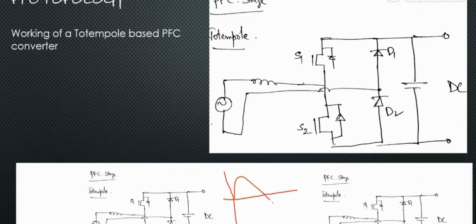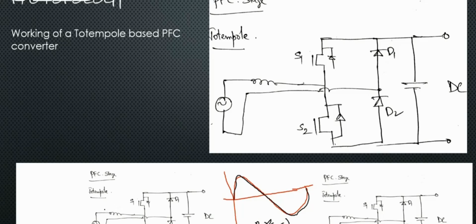If we have a voltage like this, and as long as we have a current which is following exactly the voltage, so if we have the black one and the current is exactly following the voltage, then we say the power factor is equal to 1. So this is our target. How do we achieve it? That's all in the control of this particular power electronic circuit.